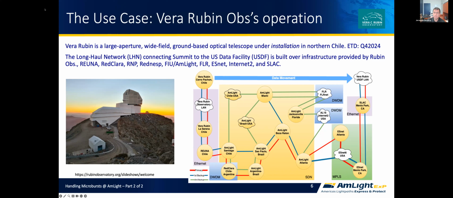So the picture on the bottom on the right side kind of gives an idea of how many routes we have, who are the sites that are involved in this. And the red line here represents the primary path, which is a dedicated 100 gig circuit, not like an optical circuit, but a dedicated service that goes from Cerro Pachon in northern Chile all the way to Menlo Park, California.